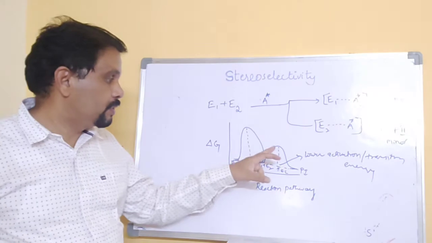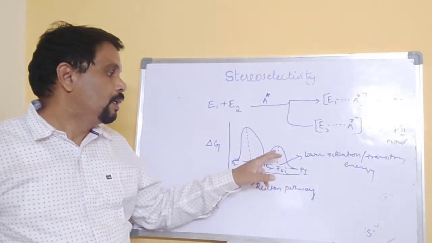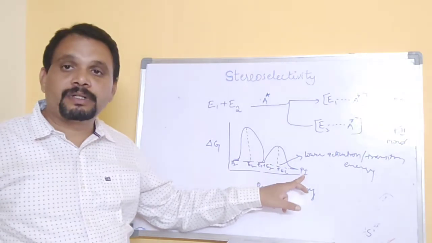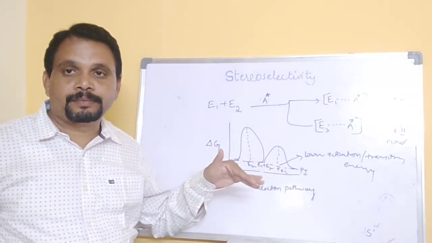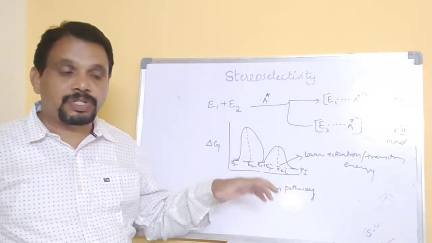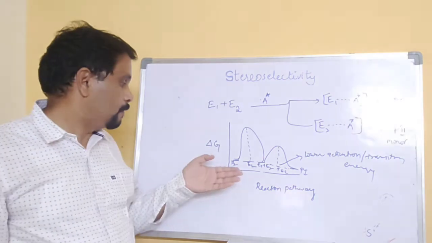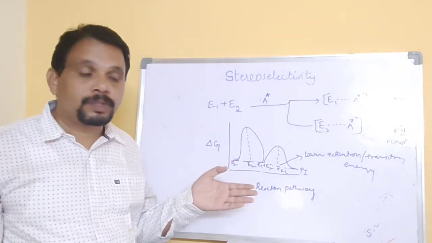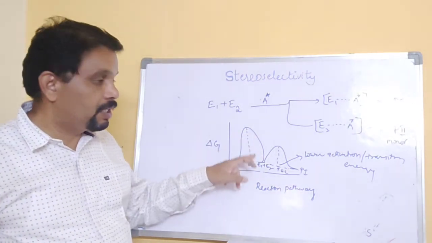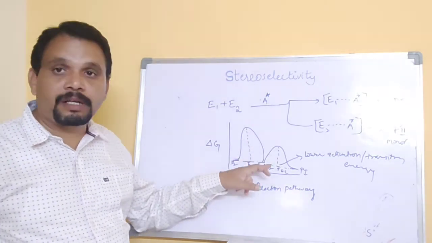Therefore, because of this lower transition or activation energy, this produces P1 very fast. Therefore, P1 product would be major, P2 product would be lower, based on these transition state or activation energy levels.